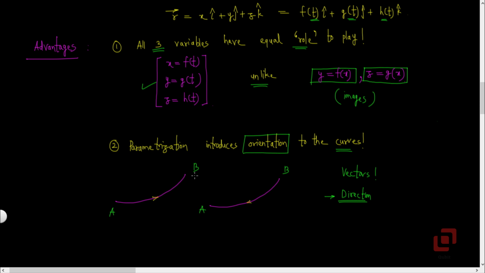The first curve here represents the direction of the flow of traffic from city A to city B along the road AB. In the second curve, we represent the direction of the traffic which flows from city B to city A, and that is what we mean by orientation of the curve.